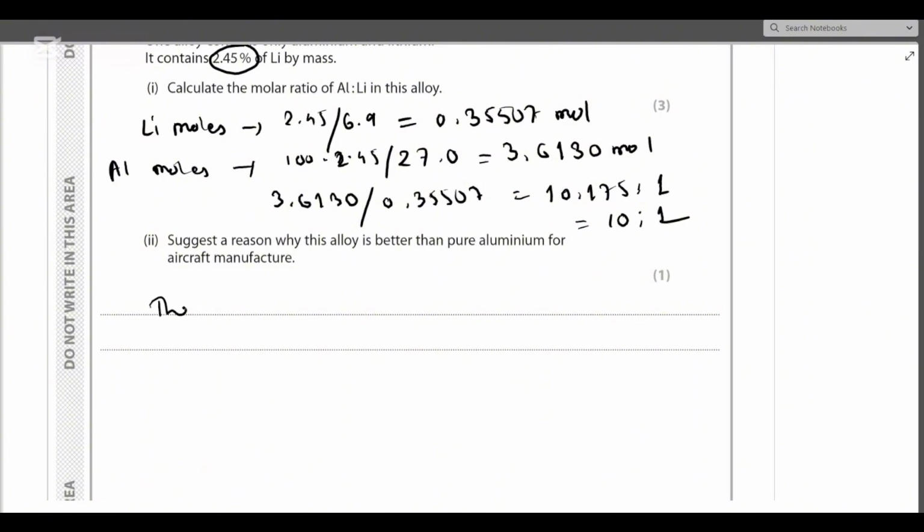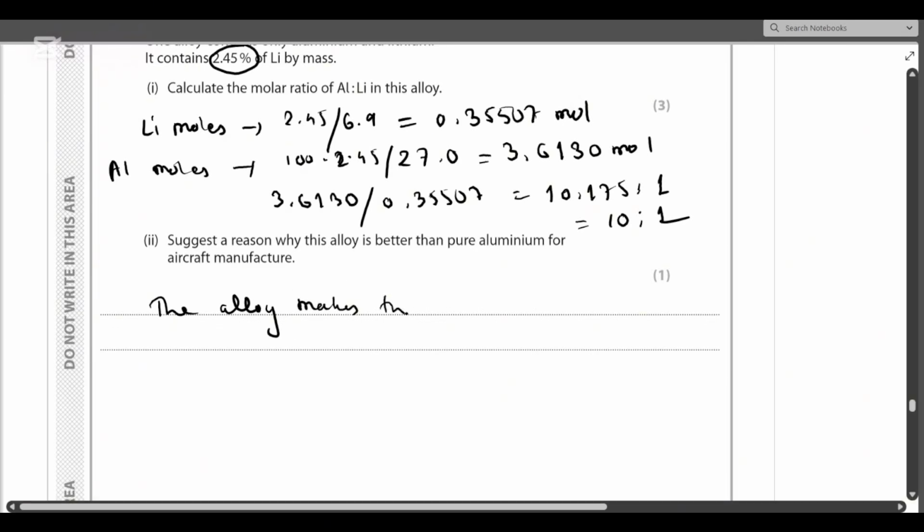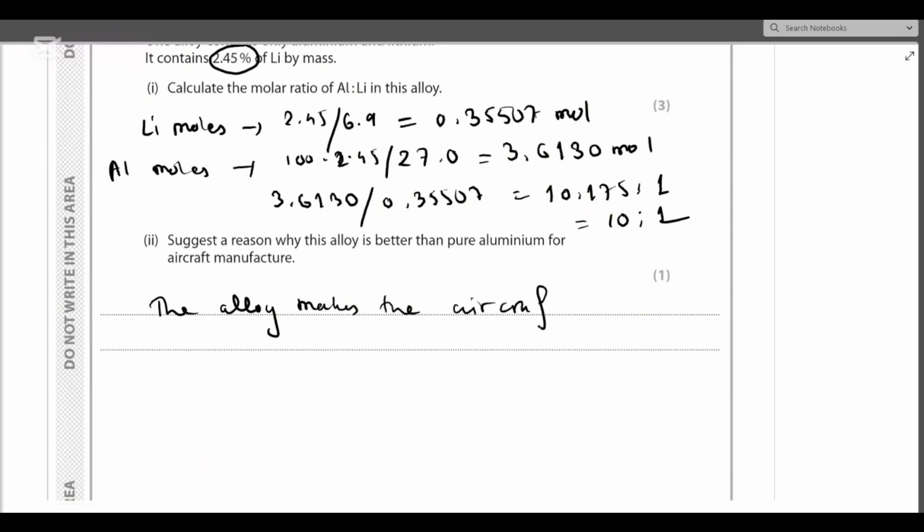The straight answer is that the alloy makes the aircraft body much stronger than pure aluminum, because in pure aluminum we're just going to get the metallic bonds, but in case of an alloy we are going to have multiple types of bonds, such as the ionic bond and covalent bond, apart from having metallic bonds.